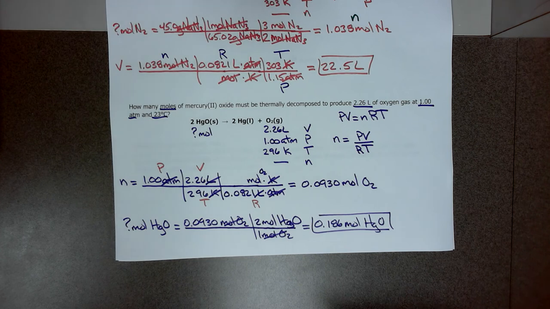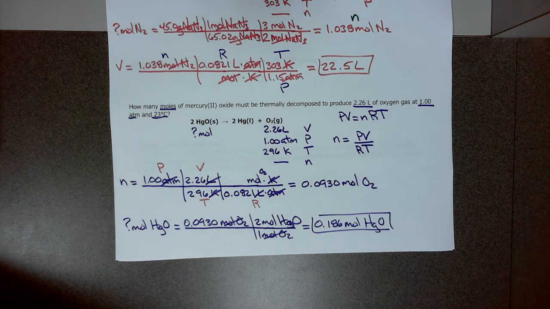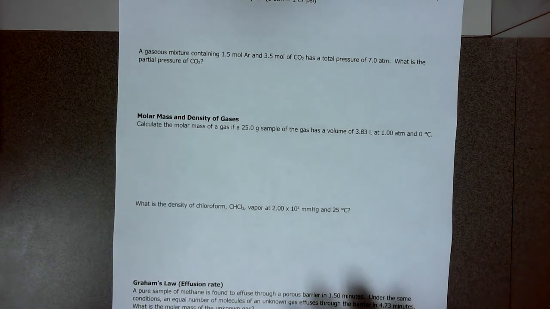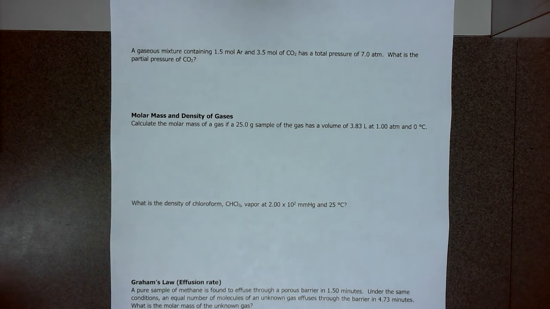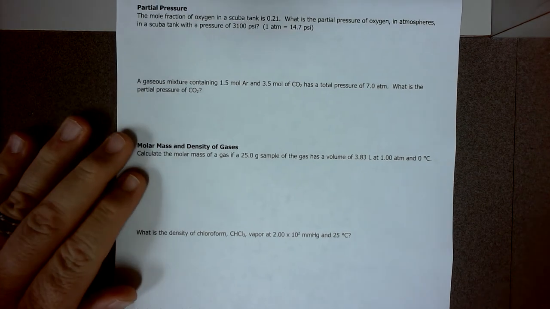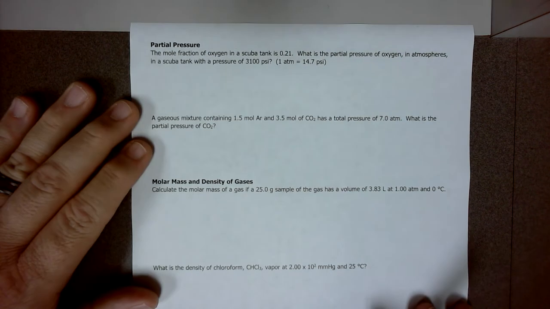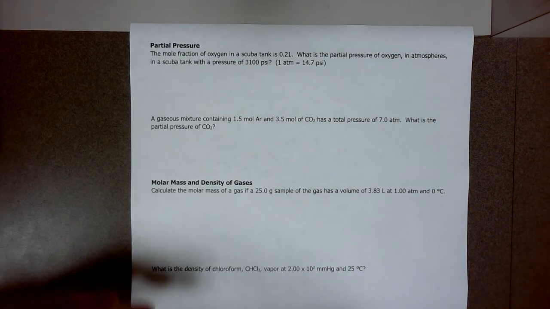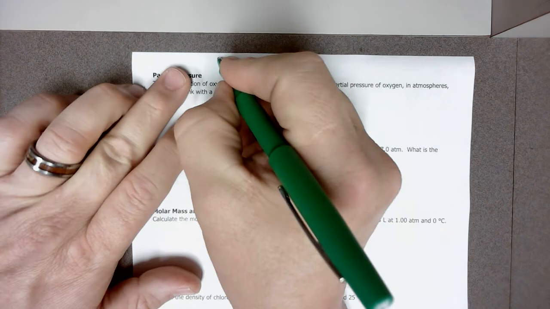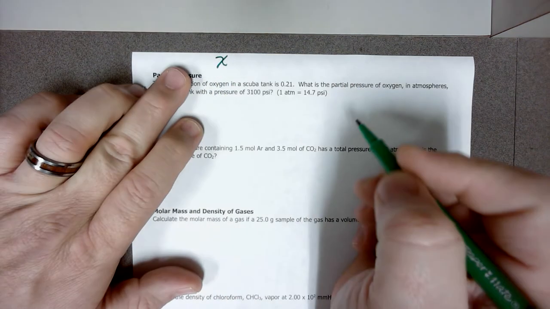Let's keep going. The next thing we have is partial pressures. So remember, partial pressures is just taking all the pressures and adding them up to be the total pressure. All the pressures of the gases in a system add up to the total pressure. But part of that is knowing that we have what's called a mole fraction of the gas.